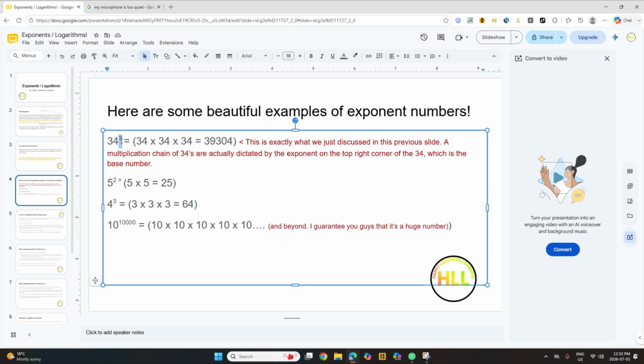The 3 over there represents the number of 34's that are multiplied by each other, whereas 5 to the power of 2, or 5 times 5, is 2 5's multiplied by each other. And for cubed, oh, there is a typo over there. Yeah, my apologies, but I'll fix it.